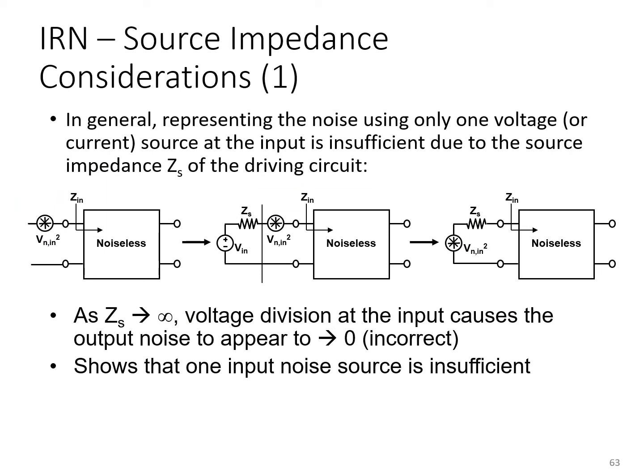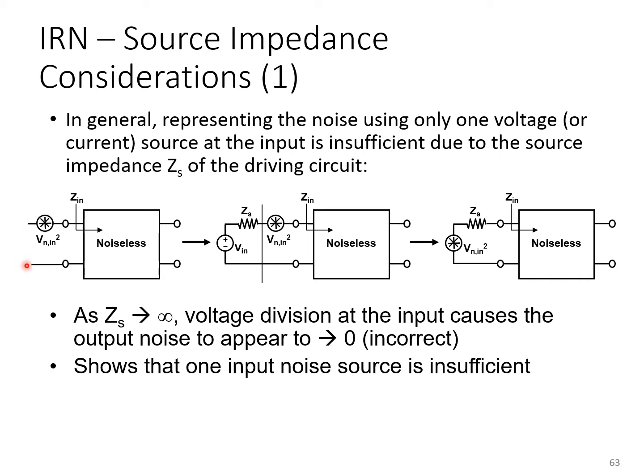As we mentioned before, we have to take some care also in representing all the noise in a circuit with just one input-referred noise source, and that's because the source impedance that we connect in series with that input-referred, in this case voltage noise source, will have an impact on how much output noise results from this source Vn in. So that tells us that we can't just have one input-referred voltage noise source here that will work for any source impedance that is connected.